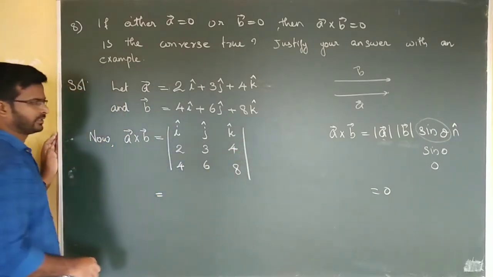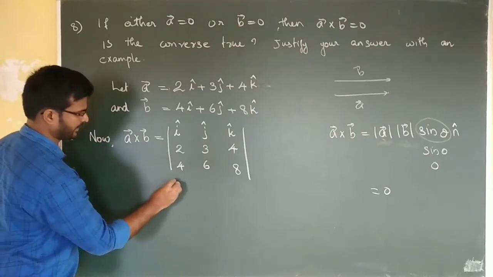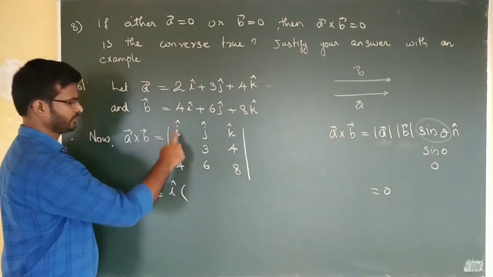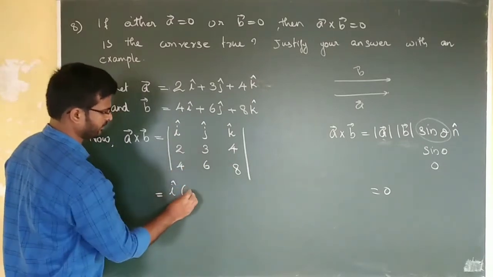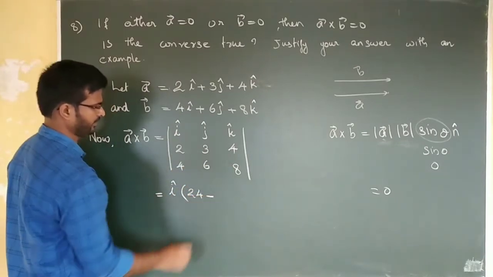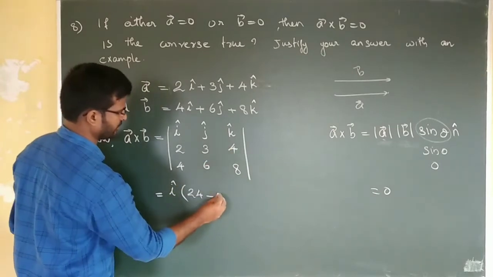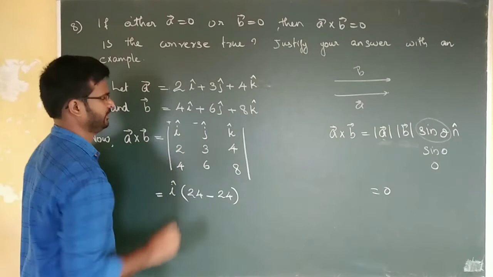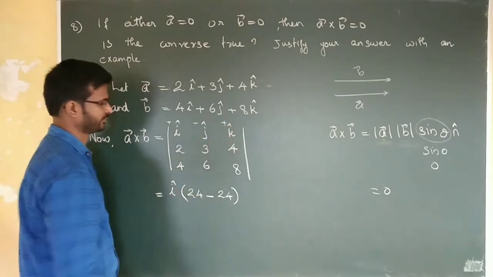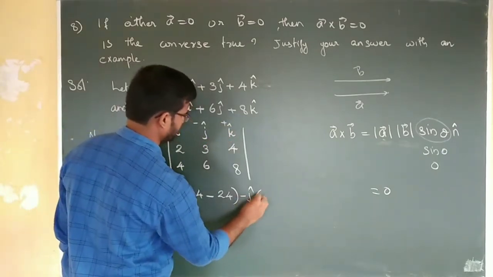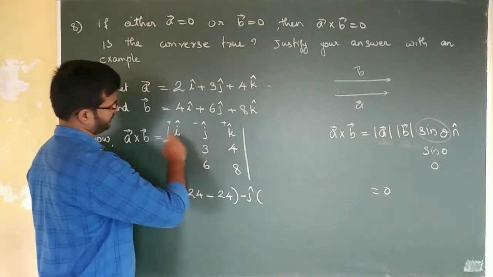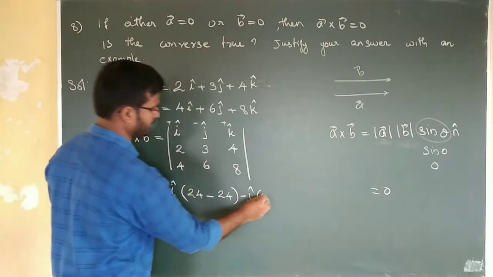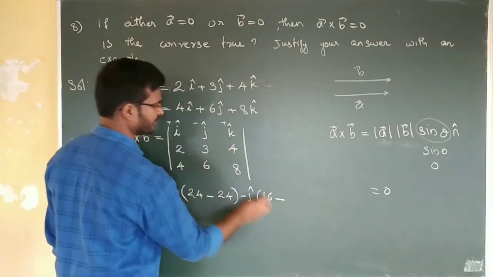Take the determinant: i vector into, leaving the first row and first column, 3 into 8, 24, minus 6 into 4, 24. Signs are plus, minus, then plus. Right, minus j, leaving the first row and second column, then the remaining 2 into 8, 16, minus 4 into 4, 16.